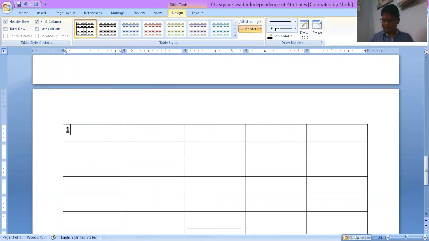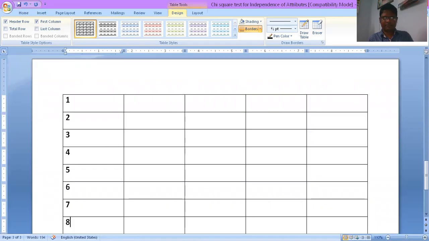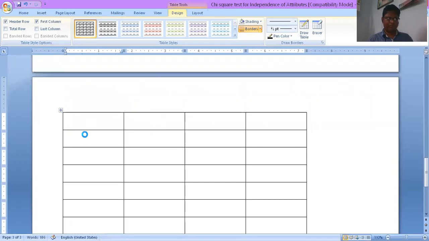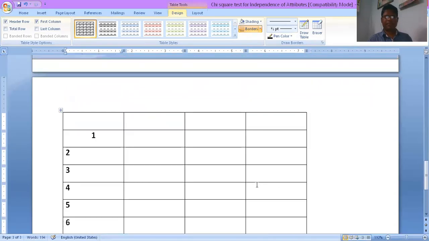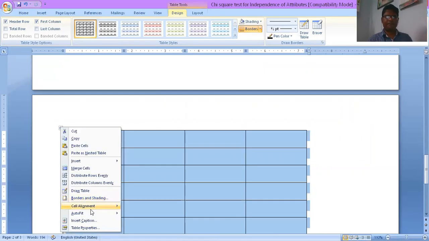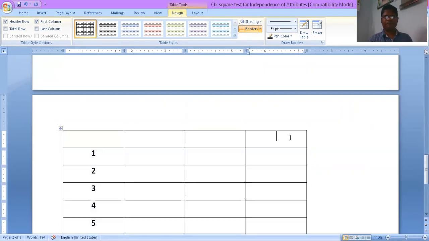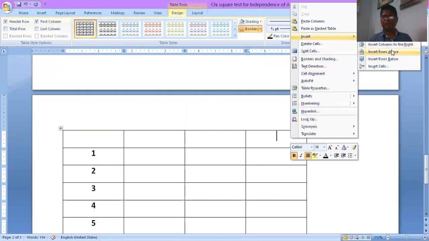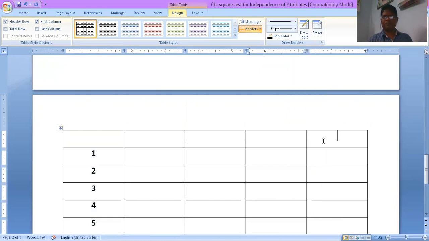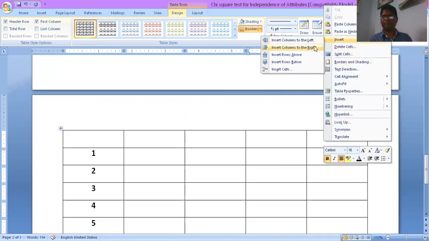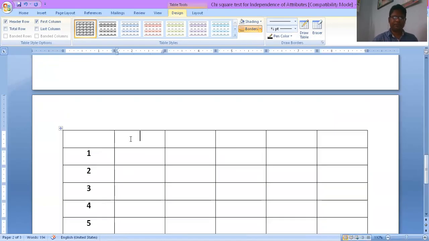The first one is let us write serial 1, 2, 3, 4, 5, 6, 7, 8. Observed frequency, expected frequency.